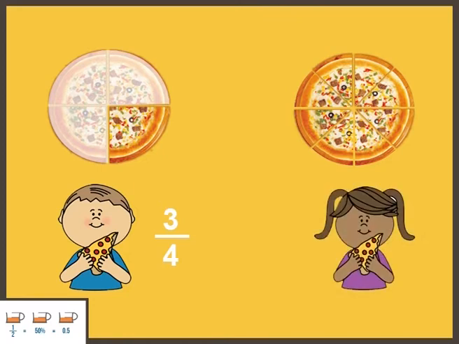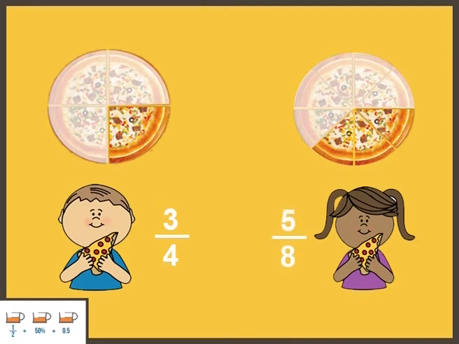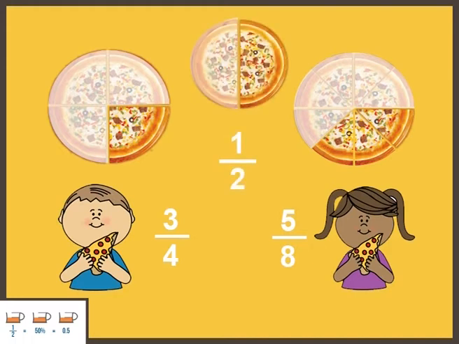Suppose your younger sister has eaten 5 parts of it when the pizza was divided into 8 equal parts. We can say that your sister has eaten 5/8 of the whole pizza. The numbers like 1/2, 3/4, 5/8 are nothing but the fractional numbers or fractions.